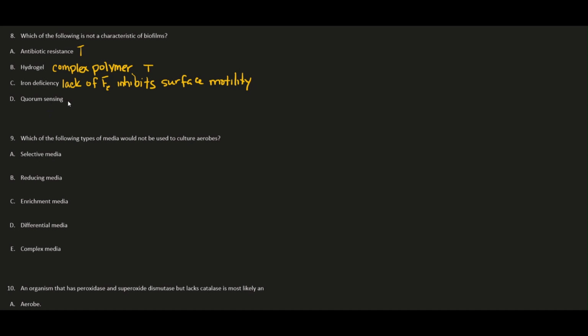And then D, quorum sensing. It is a way that they communicate. So it's cell to cell chemical communication.